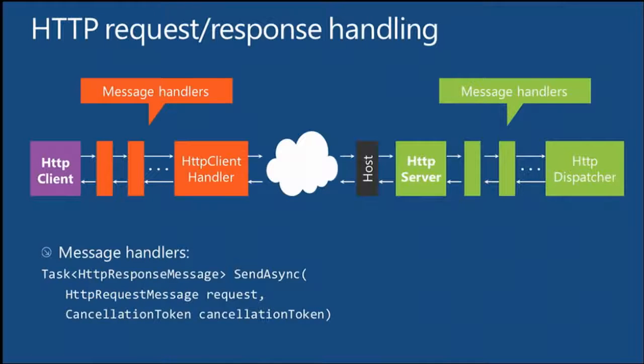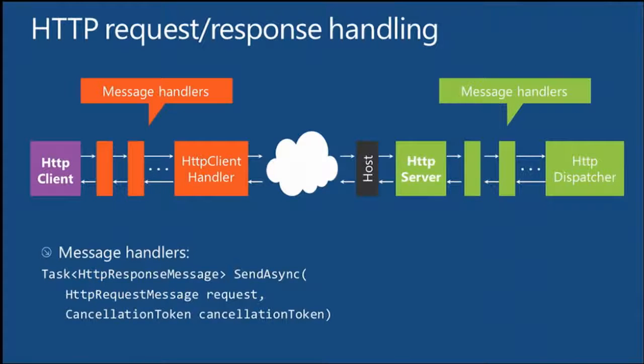That's the core Web API hosting piece. It is itself just a message handler. You just call send on it, and you give it the request message, and it hands it up its own message handler chain. The last message handler in that chain is our dispatcher, and that's the picture you saw before. That dispatcher is just a message handler, but it will go find a controller, select an action, execute the action, and run all the action filters, etc.